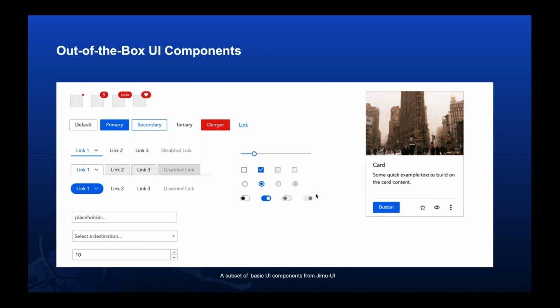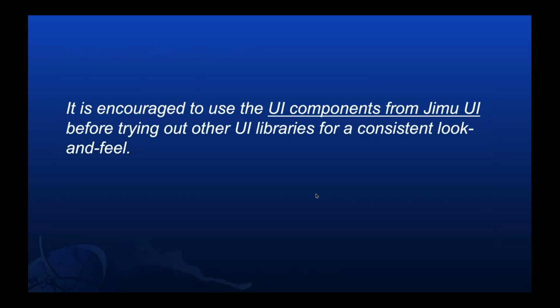One of the benefits is that all these components are deeply integrated with the theme framework, which means when you switch between different themes, the look and feel of these components can also be changed dynamically. This is also why it is encouraged to use the UI components from GMU UI before trying out any other UI libraries, just for a consistent look and feel.